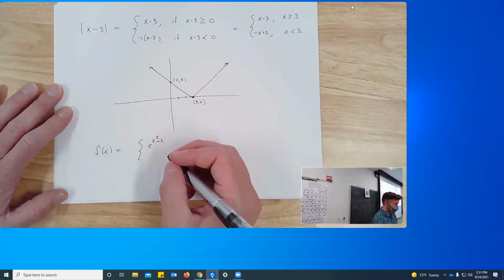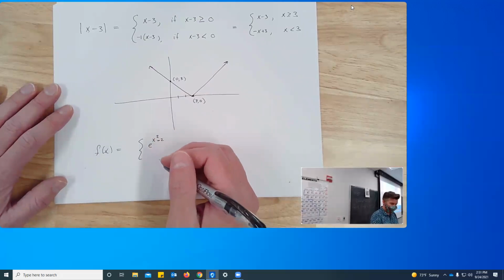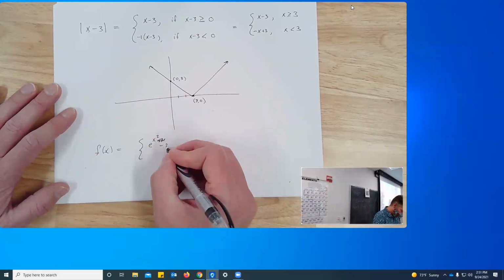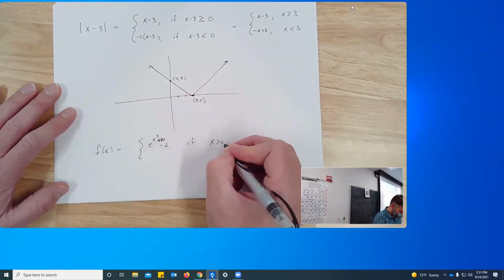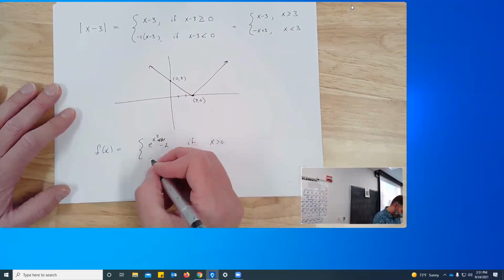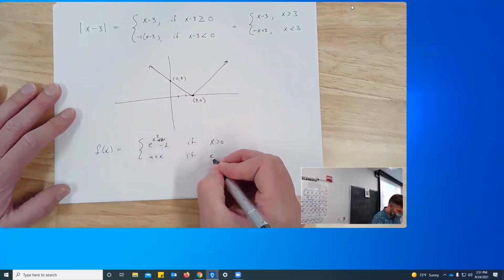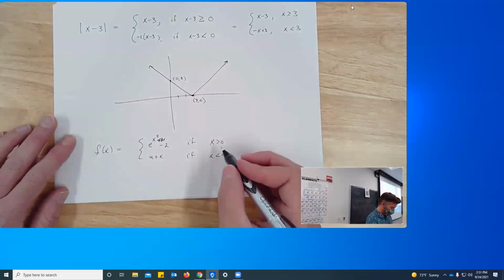Anyone know? Okay. I feel like I could go either way. I think I want it not there. I think I want it down here. If x is bigger than 0, and it's equal to 4 plus x if x is less than 0. I didn't see an equal sign on either one of them, so I'm going to put it here.